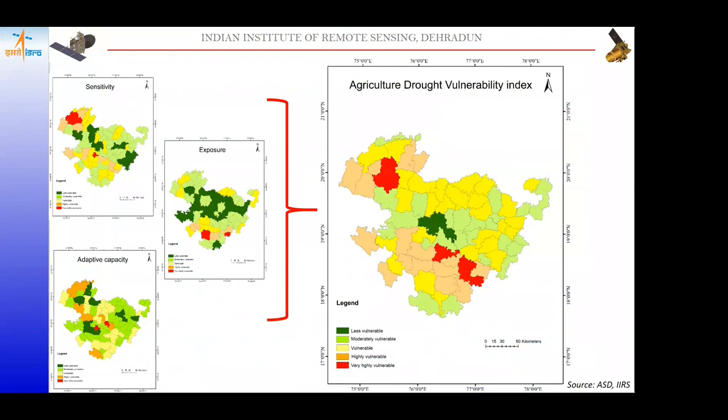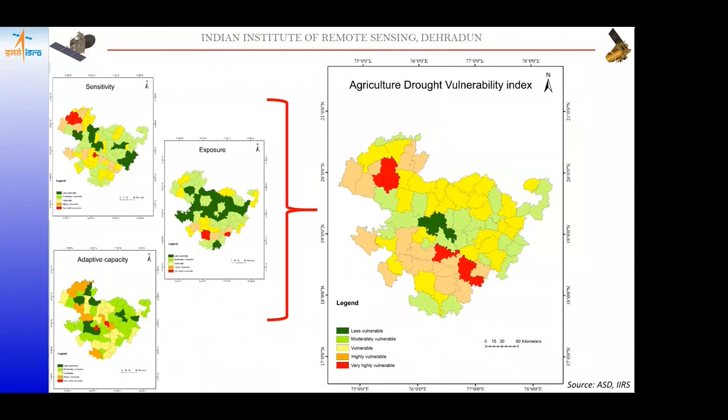So we can interpret from the result, like at the block level, the area of Aurangabad, Beed, and Latur, where a few blocks are very highly vulnerable as compared to the other blocks. Few parts or few blocks of Beed, Latur, and Aurangabad are also classified as highly vulnerable, while the areas of Hingoli, Parbhani, and a few parts of Osmanabad are moderate to less vulnerable as compared to the remaining area of the Marathwada region.